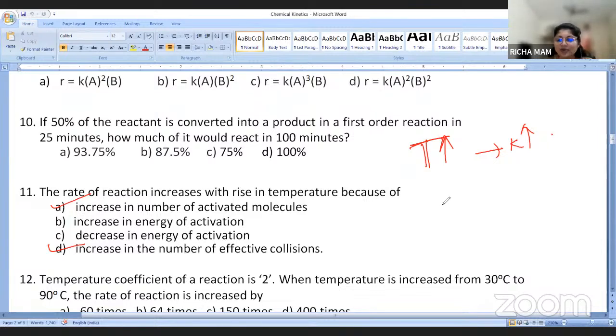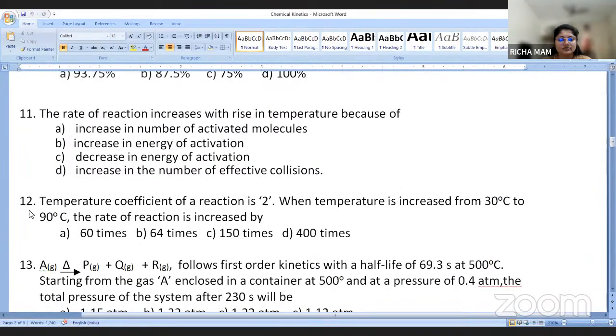So because of that, the number of activated molecules and the number of effective collisions will be more. So A and D, both are the correct answers. Increasing energy of activation, no. Decrease in energy of activation, no. Increase in number of activated molecules and increase in number of effective collisions. So A and D, both are the right answer.